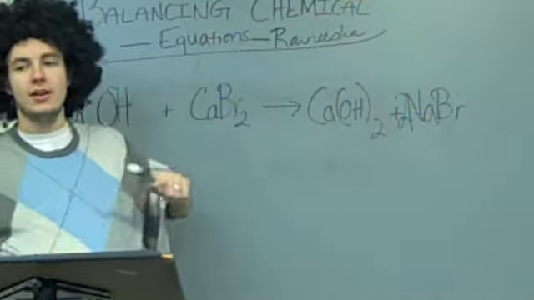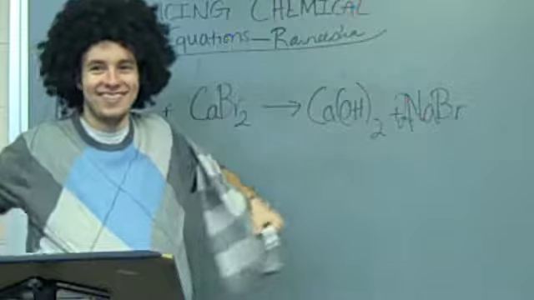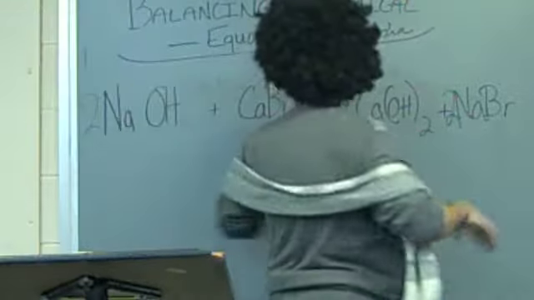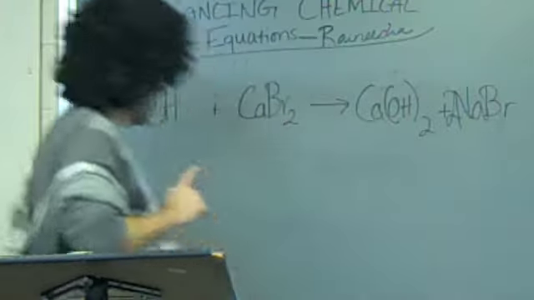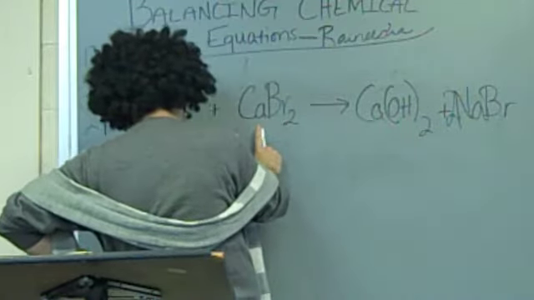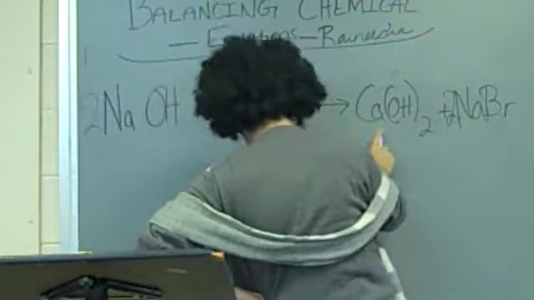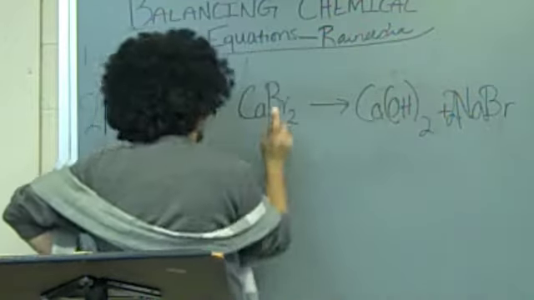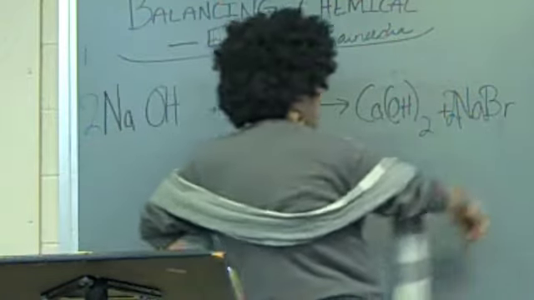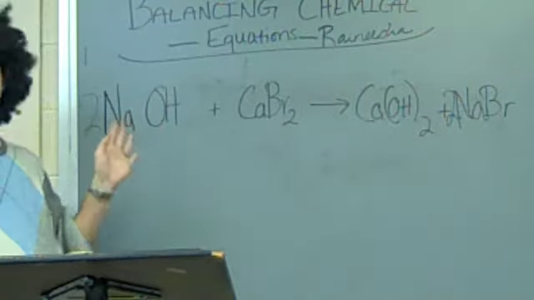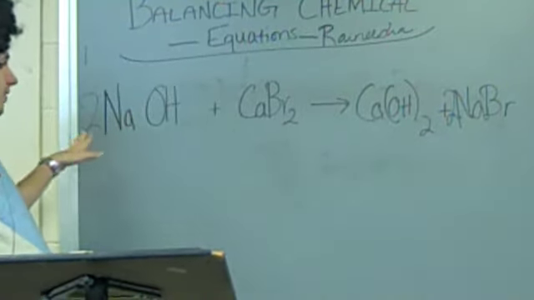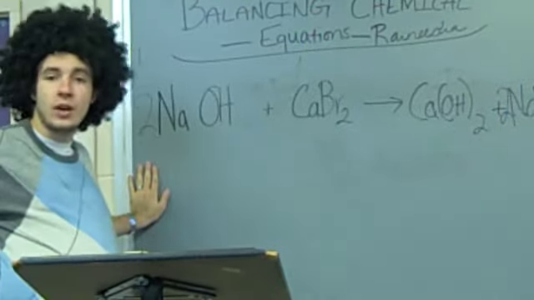Excuse me, I dropped my shawl. 2 Na and 2 Na, and 2 OH and 2 OH. We got the Ca, and we got the Ca. We got the Br2, and we got the Br2. So ladies and gentlemen, we have completed this equation. This is done.